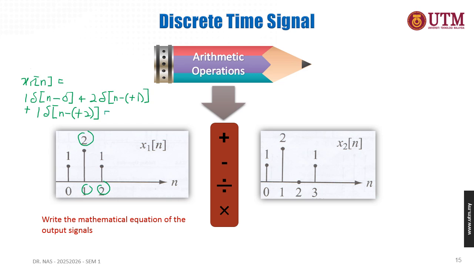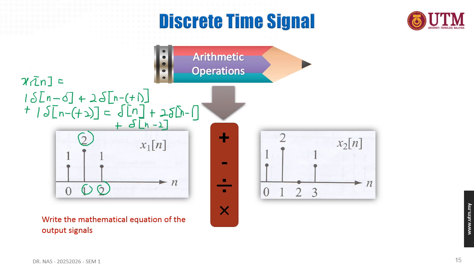Then you can simplify the equation. It is equal to δ[n] + 2δ[n − 1] + δ[n − 2].